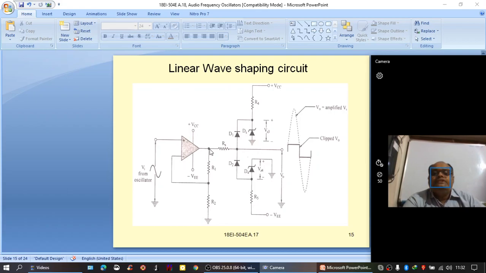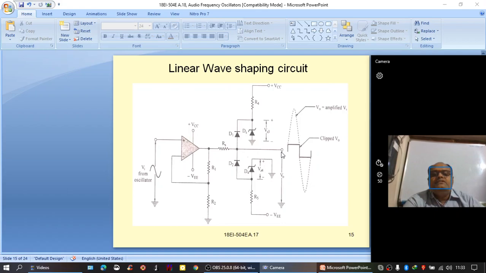Suppose when the output is negative here, then diode D2 conducts and this output terminal is effectively connected to this position. With negative voltage minus VEE reverse biasing this Zener diode D4, it acts as a regulator producing fixed DC voltage which is equal to VZ4.